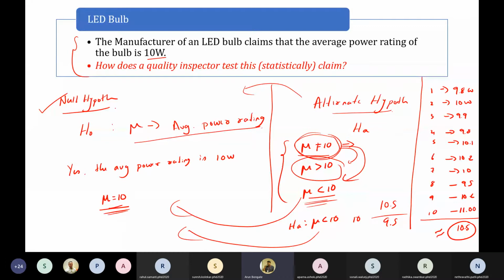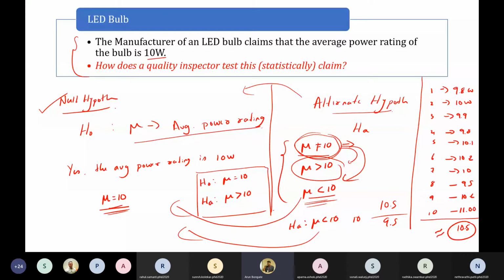So in conclusion, for this particular type of problem, where 10 watts is the critical value, less than 10 watts is okay or better, and greater than 10 watts is not acceptable. If H naught is mu is equal to 10, then HA should be mu is greater than 10.